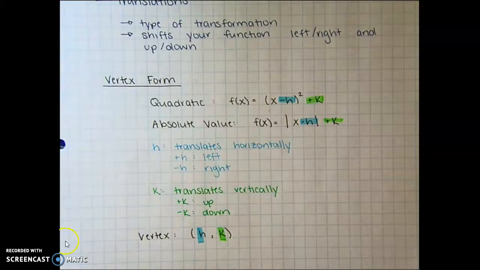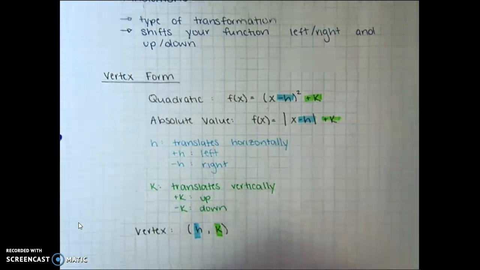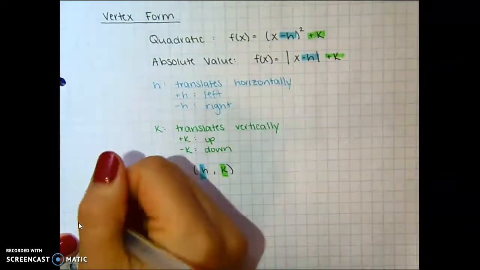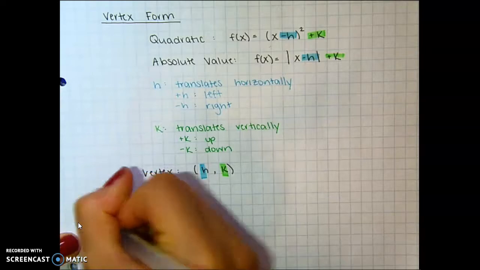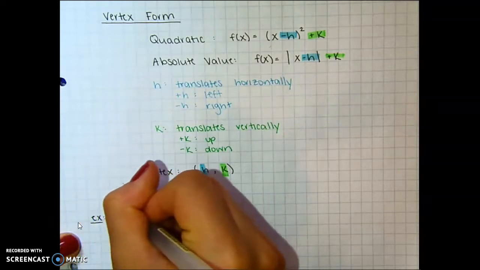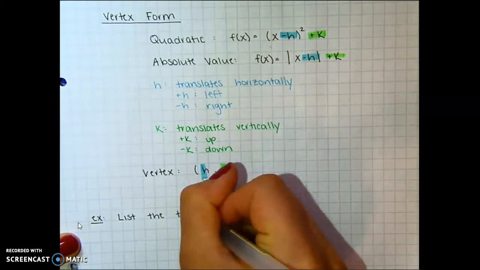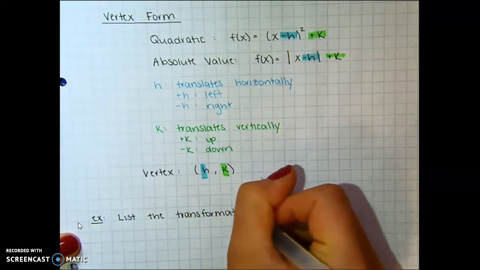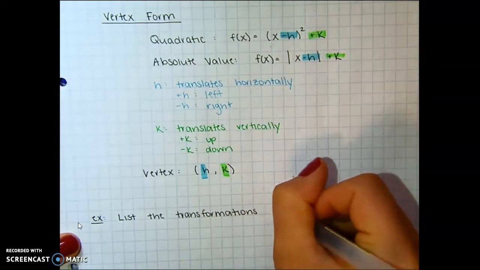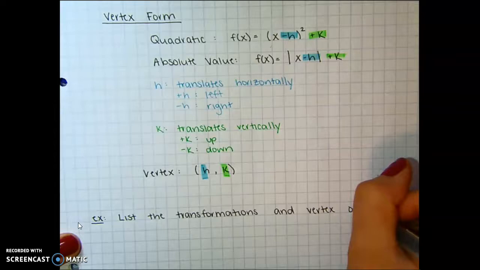So let's do an example of just listing the transformations and writing the equation. Or not the equation, sorry, vertex. So, example, list the transformations and vertex of the function.